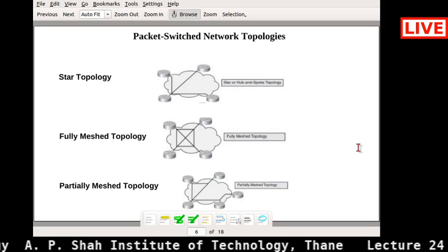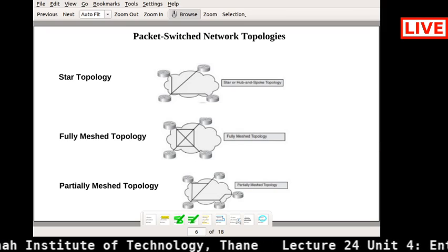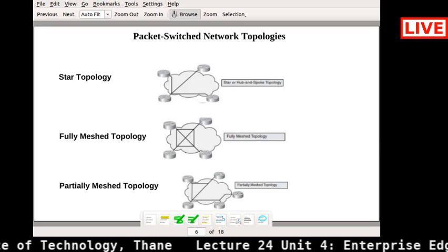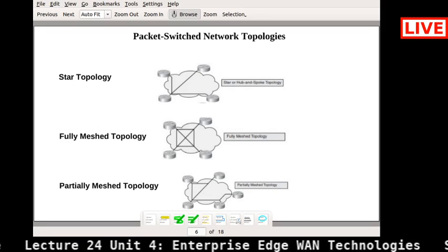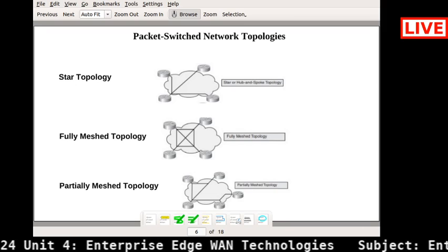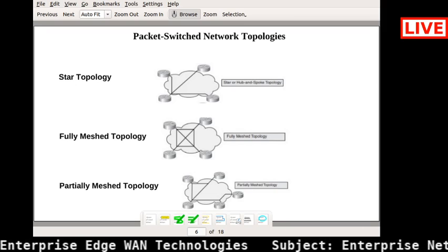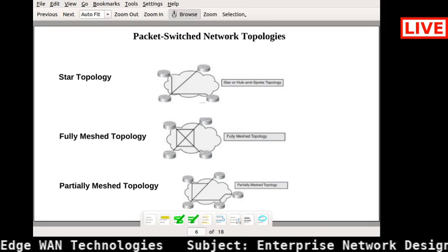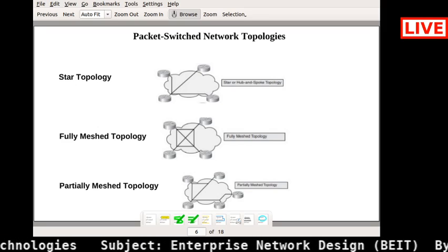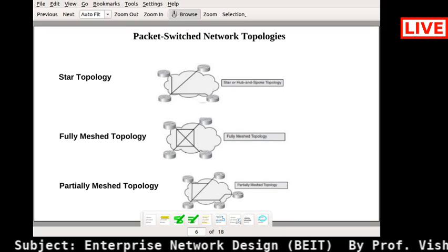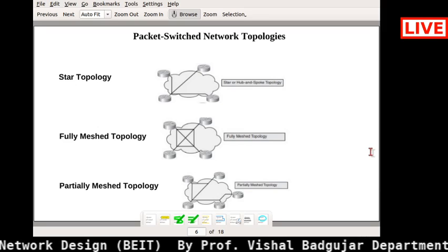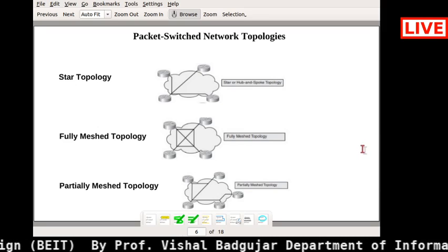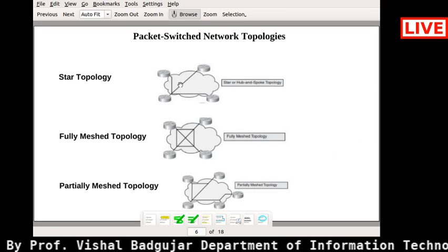Because all the traffic going to the centralized resources or the other regional routers goes through only a single device, right? So that's why it limits the overall performance for that centralized router or resources, and this topology is not scalable. Okay, so these are some disadvantages of the star topology, right?